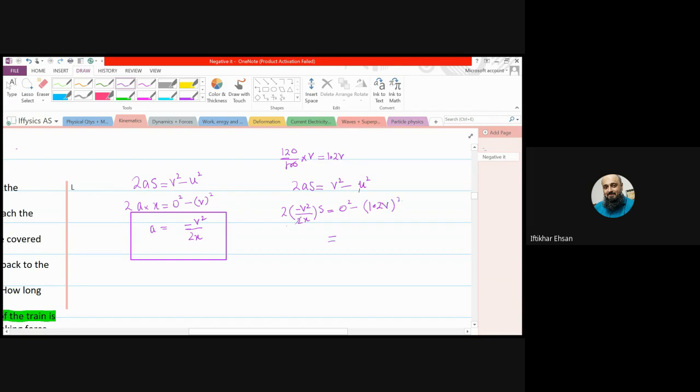Now this 2 will be cancelled. 0 doesn't make any difference. 1.2 square will be 1.44, and v square as well, as we have to find the distance. This minus v square over 2x will be moved to the other side as minus 2x over v square. The x dividing will multiply, and minus v square multiplying will divide. Both minus will be cancelled. v square cancelled with v square, minus cancelled with minus, and the final answer is this.